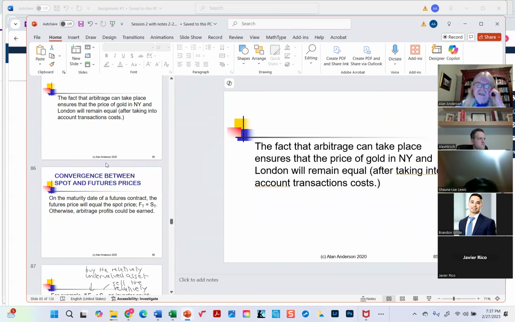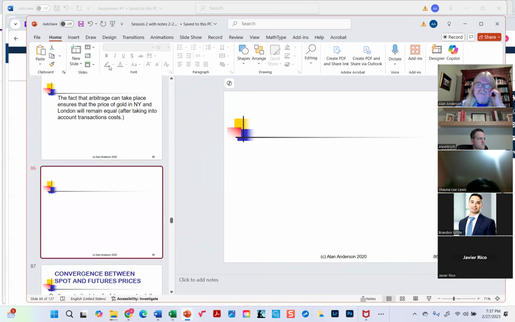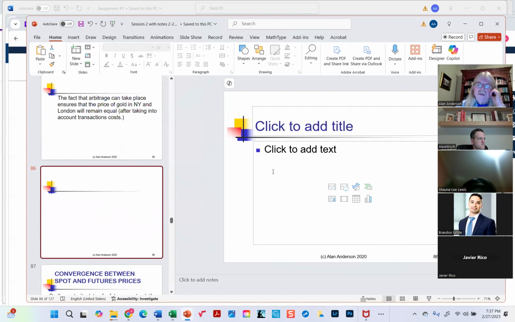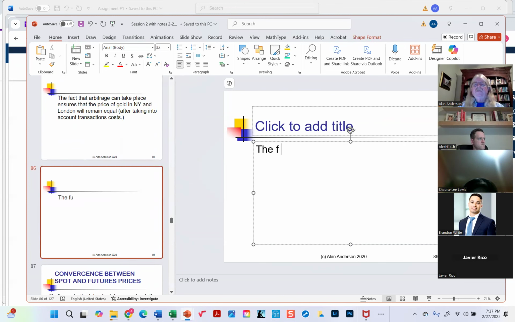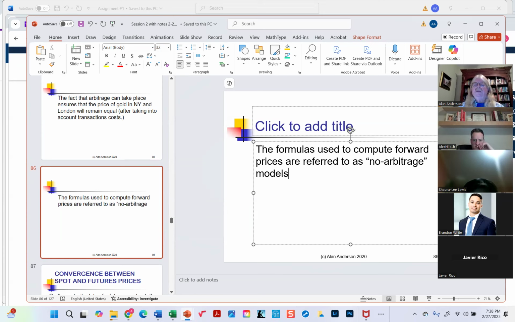So anyway, the relevance of this is that the formulas used to compute forward prices are known as no arbitrage models, because if market prices deviate from these models, then arbitrage opportunities will arise.